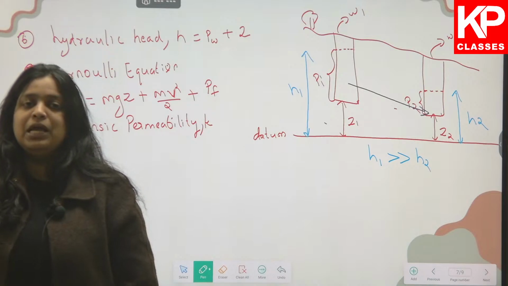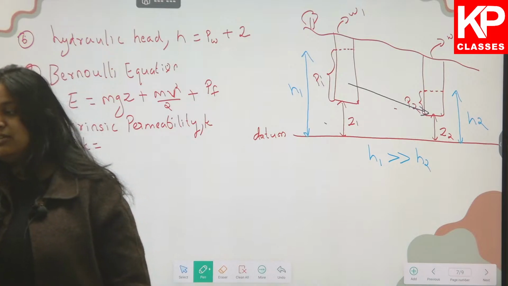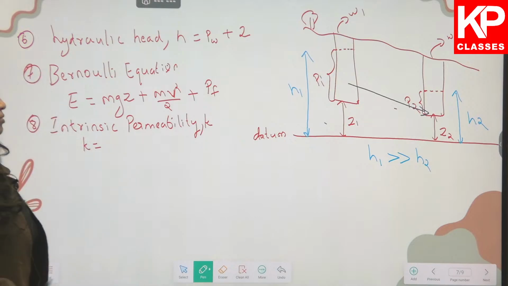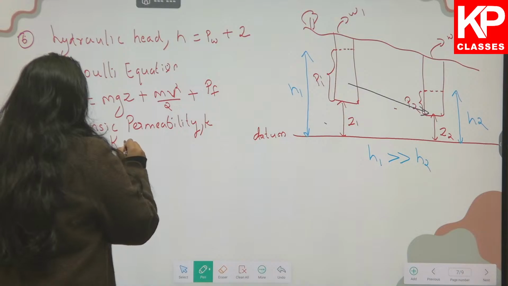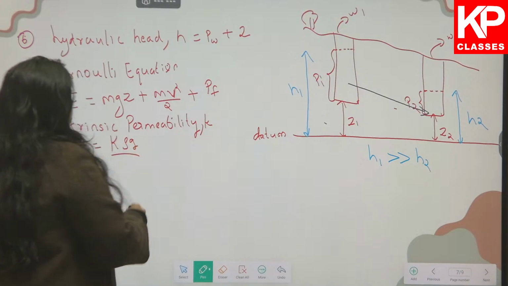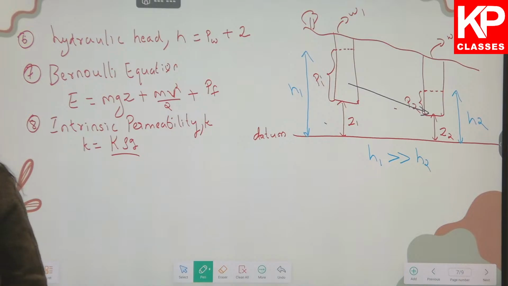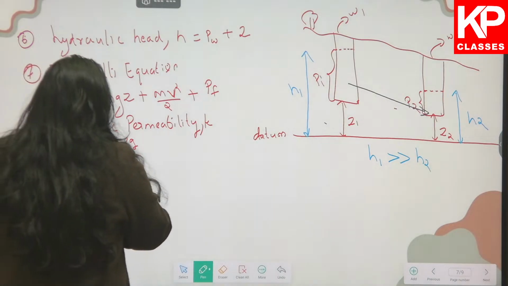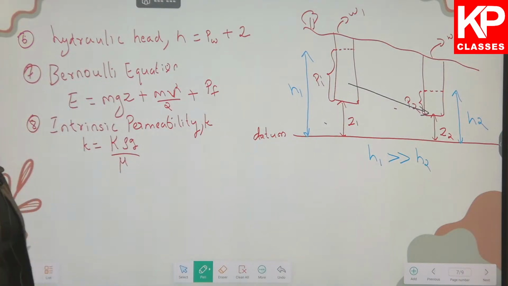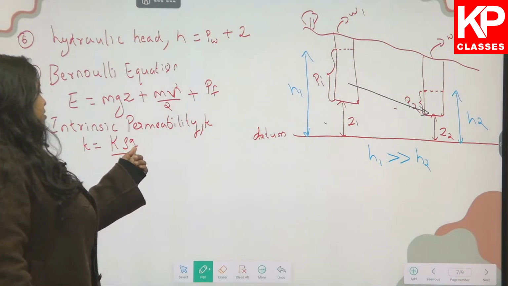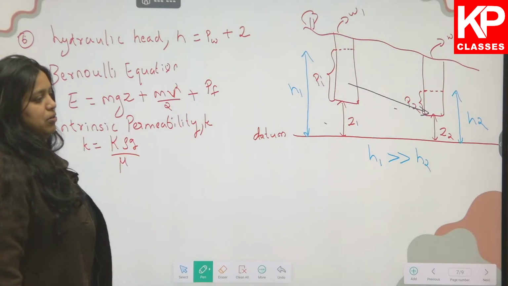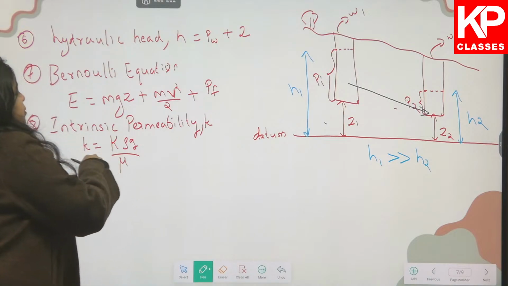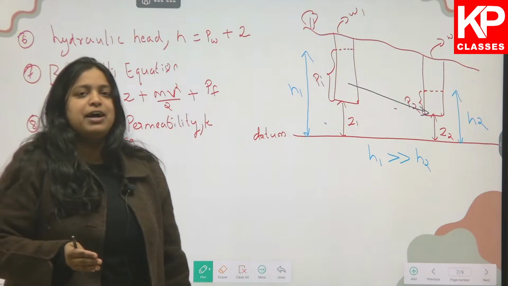So intrinsic permeability is equal to hydraulic conductivity K times rho g, where rho is the density of water and g is the acceleration due to gravity, divided by the dynamic viscosity mu. So intrinsic permeability is only a factor of the medium present.